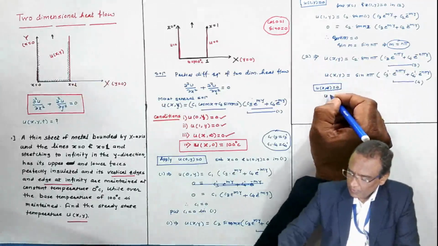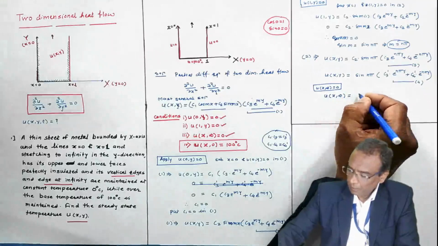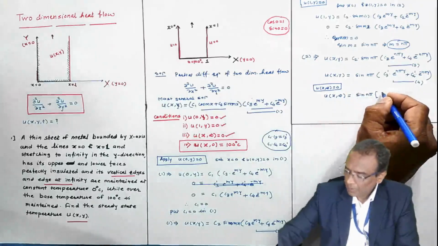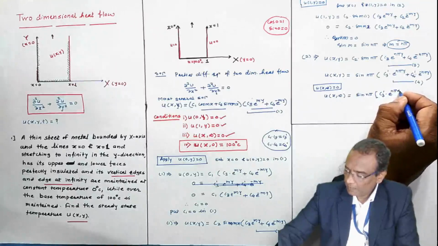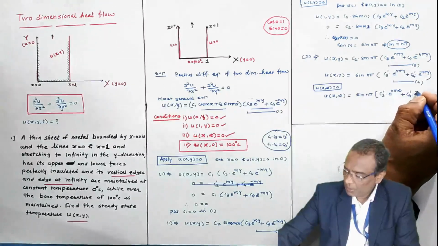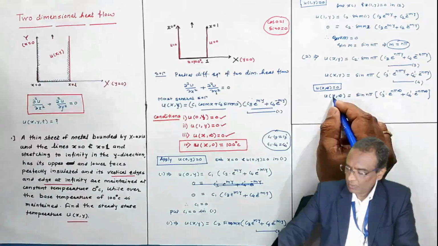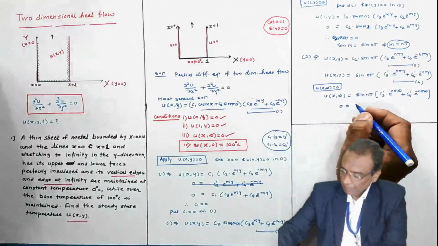Now substitute y is infinity: sin n pi, then C3 dash e to the power n pi into infinity plus C4 dash e to the power minus n pi into infinity. And U of x, infinity is 0, which means the temperature at the upper edge is 0.